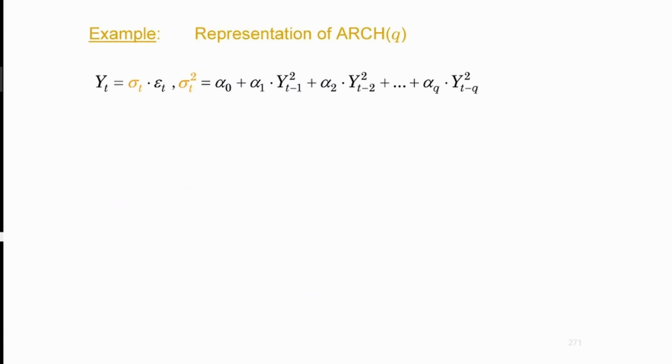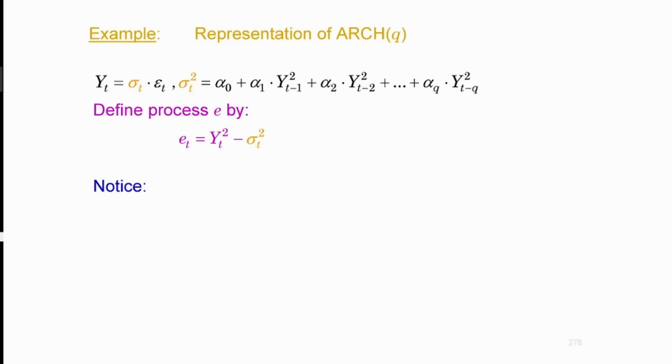Now, if you consider another random variable, which I'm defining as E, and E is going to be the square of the current observation of the process minus its conditional variance. So I'm simply subtracting the conditional variance of the process. Now, this doesn't mean that the conditional variance simply disappears.